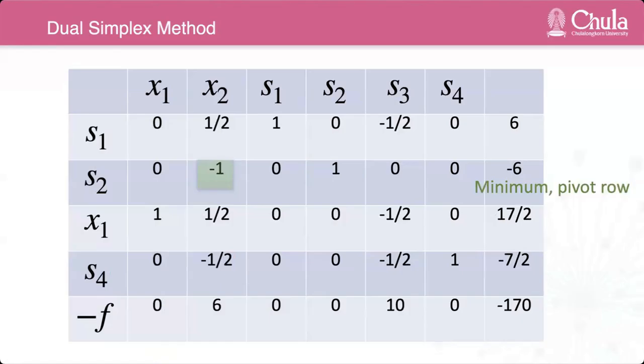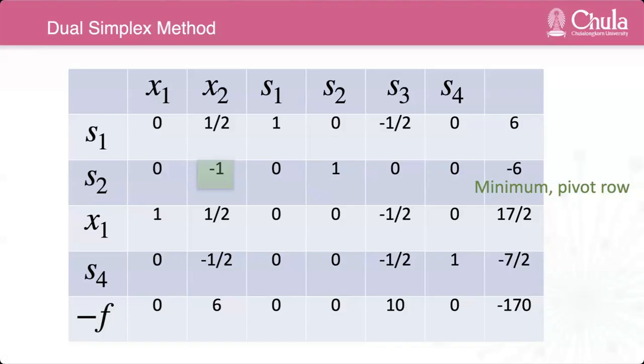Is it done? No, not yet. We still have negative on the right-hand side. We find the most negative, the minimum one. This is minus 6. This is the minimum one. Okay? This row is the pivot row. Okay? And you find, for this row, C over A. Okay?